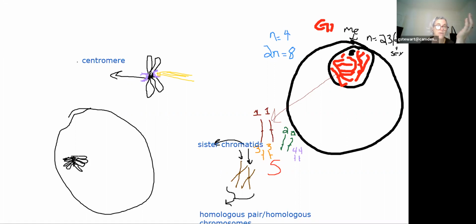So all 4 sister chromatids are here. In this case, the kinetochore only forms out here and out here, because in anaphase 1 we're going to be separating homologous pairs of chromosomes. And then anaphase 2 is going to be set up more like mitosis, where we're going to separate individual chromatids.